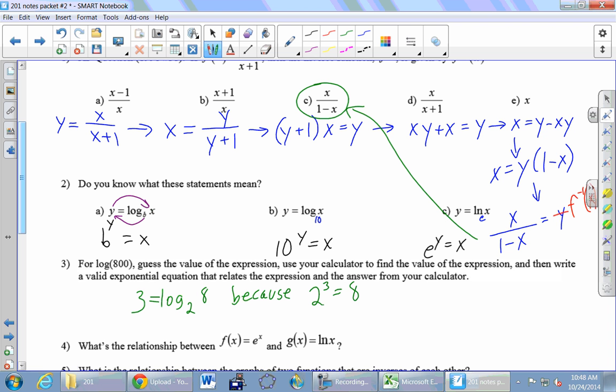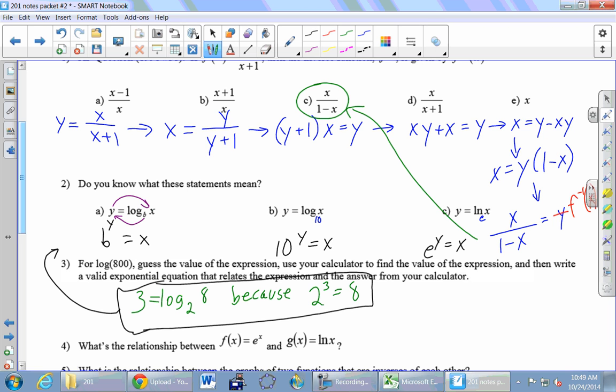Okay, let's try number 3. We'll go to Andy. For log of 800, guess the value of the expression. Use your calculator, find the value of the expression, and then write a valid exponential equation that relates to the expression. Okay, so let's try this one.